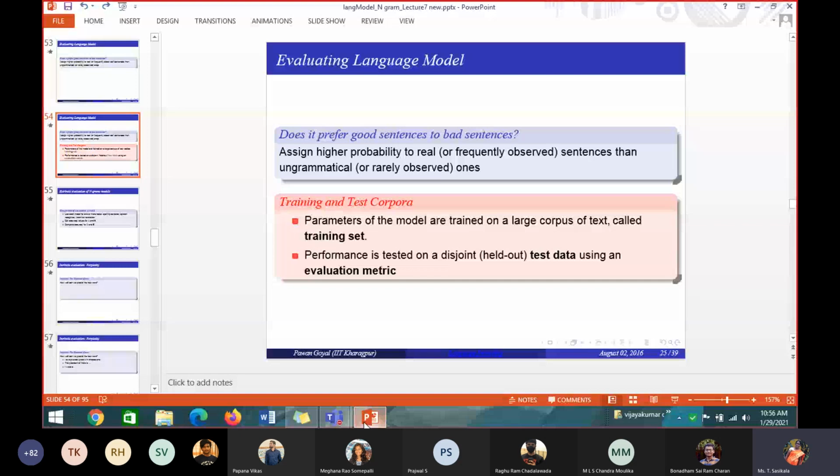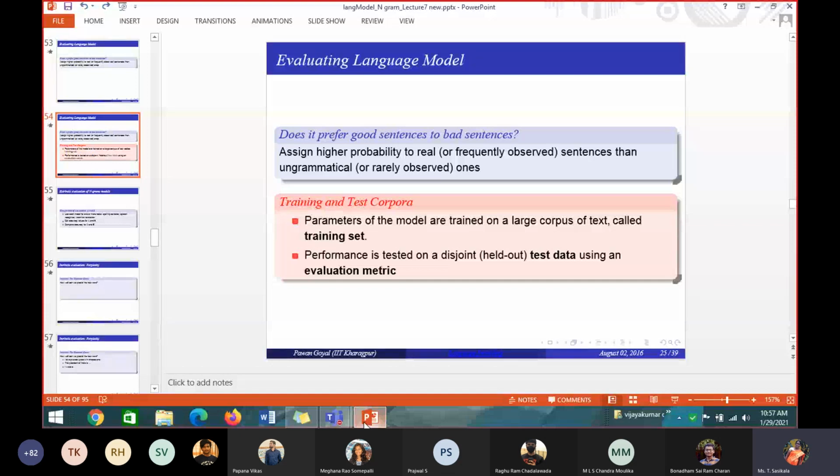Last class we covered the extrinsic method of evaluation. We have training data and test data. Using the same training data, I construct two separate language models, named A and B. I apply some task, like machine translation, spelling correction or query completion, to model A, and the same task to model B, and whichever gives the better result is taken as the best model.